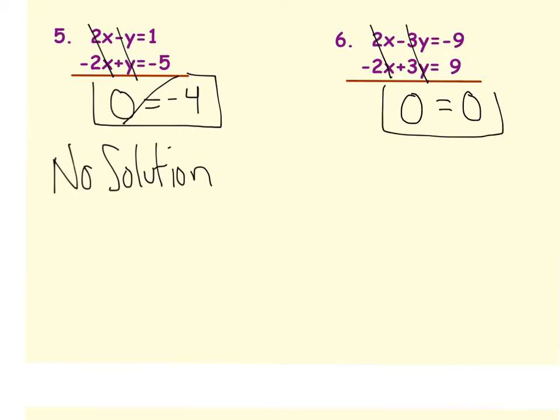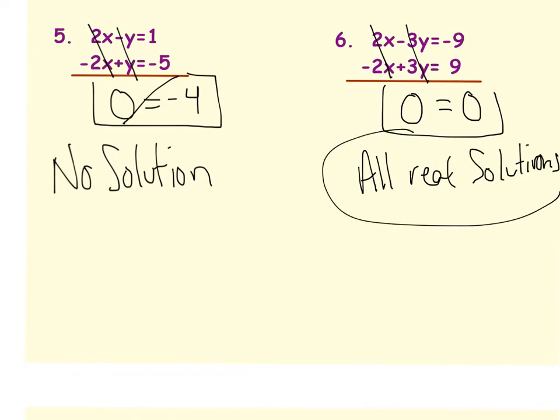Therefore, if I get a true statement, it is all real solutions, or all solutions, infinite solutions, however you want to word that. So untrue means no solution, and true means all solutions, or all real solutions.